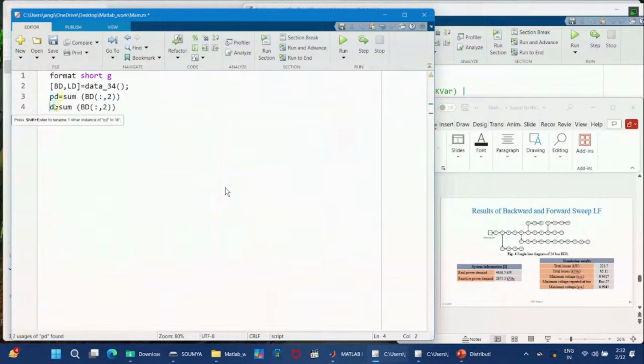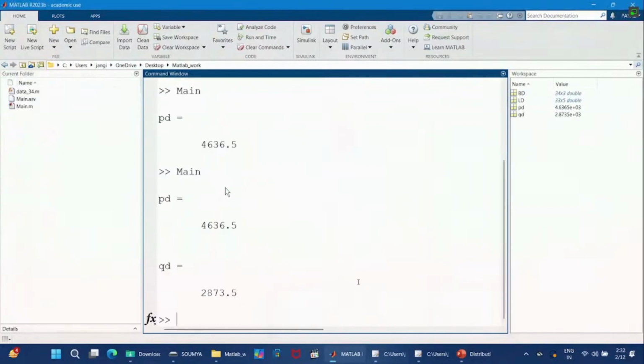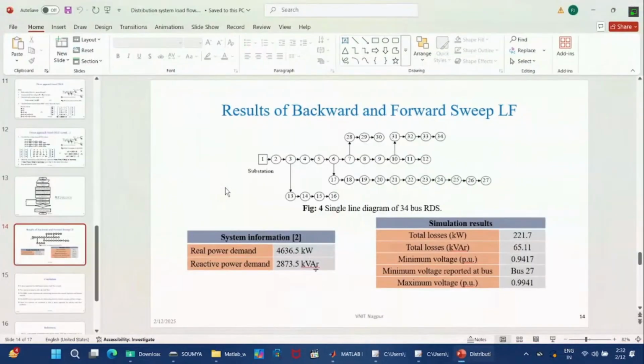Just try it for reactive power demand. In the bus data, the third column indicates reactive power demand, and just check what the value is supposed to be. Yes, 28.75 kvar, and the same is matching with this. Okay, the initial demand is the same for active and reactive power.